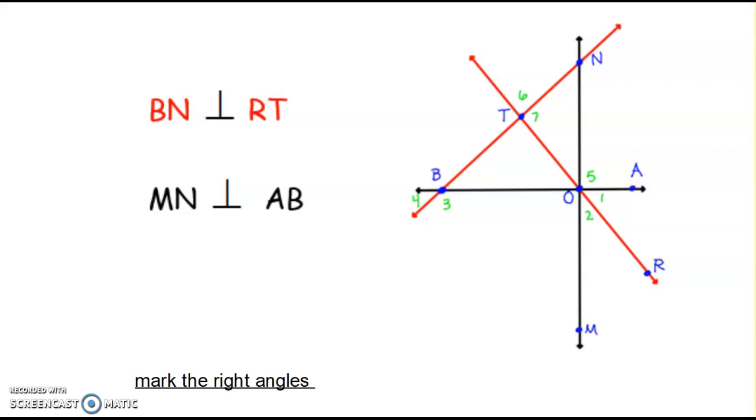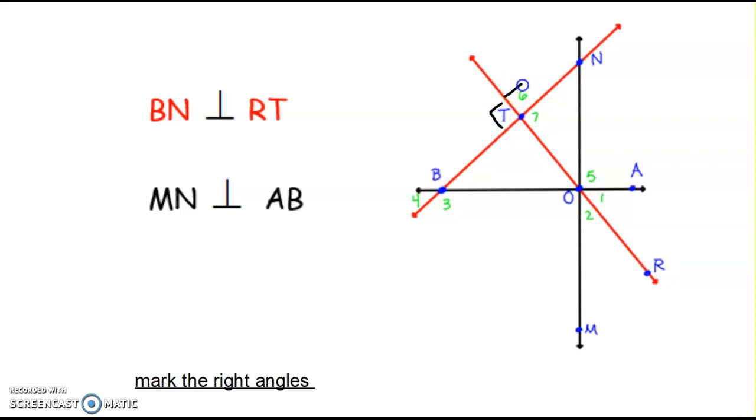All right, so let's take a look at a different image here, a little bit more complex. We've got a lot of different lines here. But as you can see, we have the statements here that BN is perpendicular to RN. So those are the red lines in my figure. We have line BN right here and it is completely perpendicular to RT. So if we were going to mark our right angles, again, that intersection creates right angles.